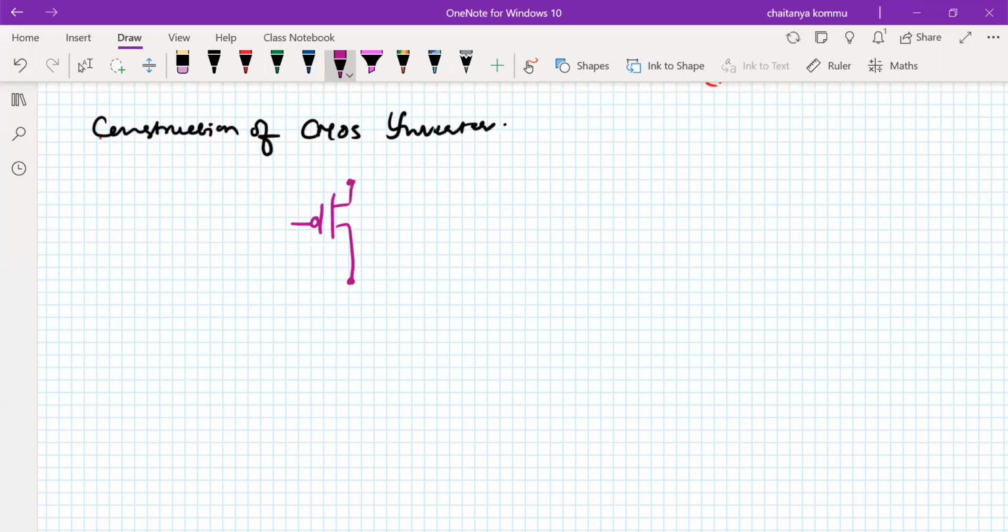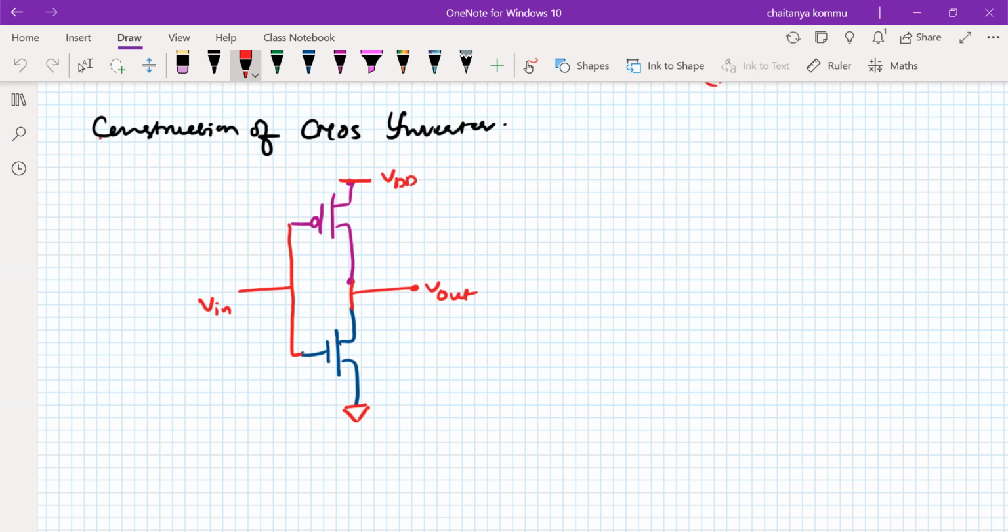This is the pull-up network, and the pull-down network is an NMOS transistor. These two are connected here and take a common point that is called Vout. This is connected to VDD, and this is connected to ground. These two gates are short circuited and connected to Vn. So this is what happens in a CMOS inverter.